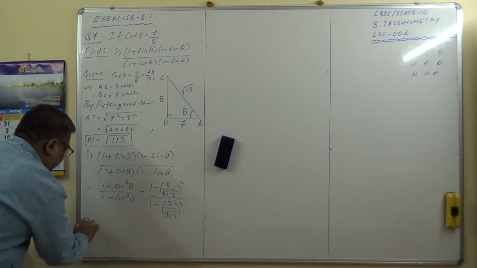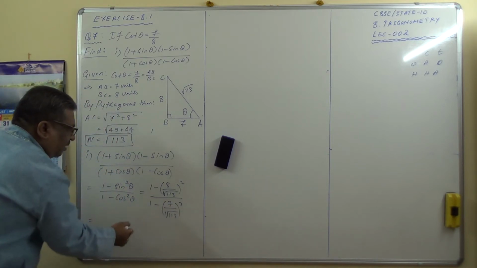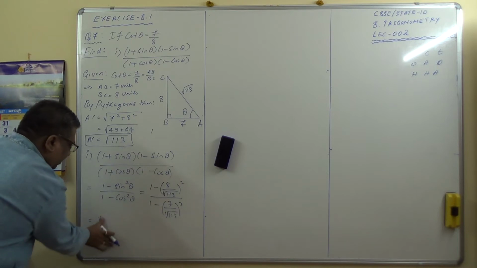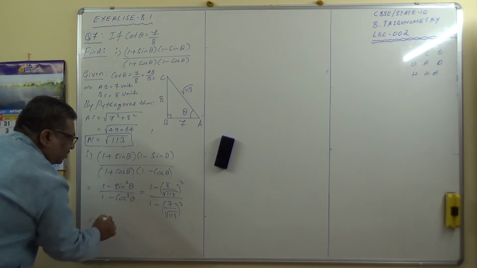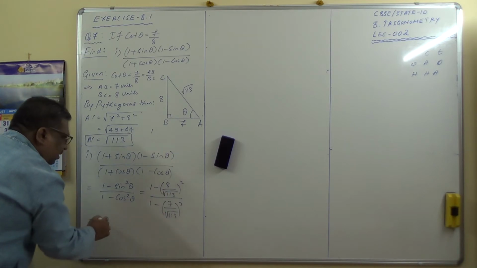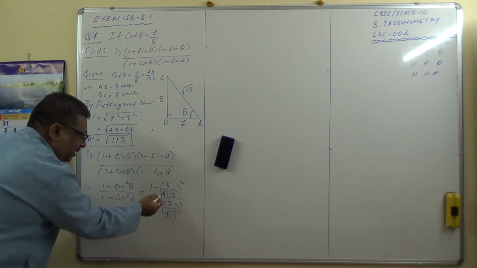So this equals, once again, here this is 1, this is 113, so 8 square divided by root of 113 the whole square. I am taking a shortcut, I hope you are able to understand here.